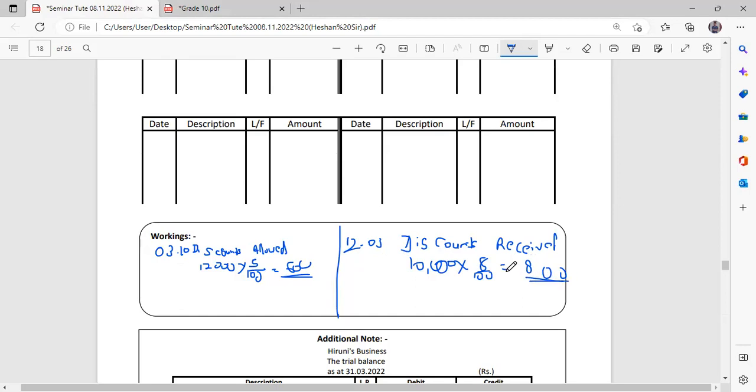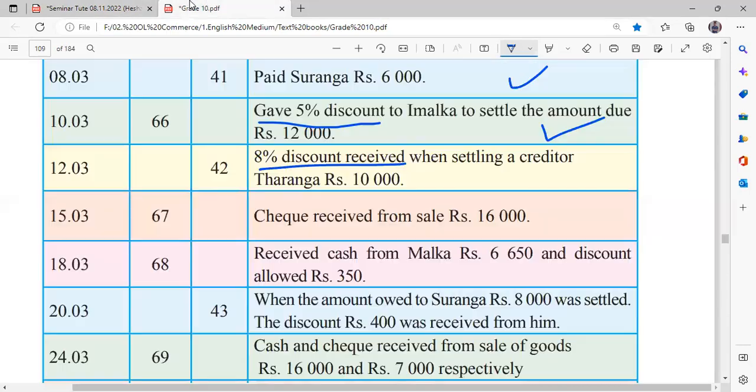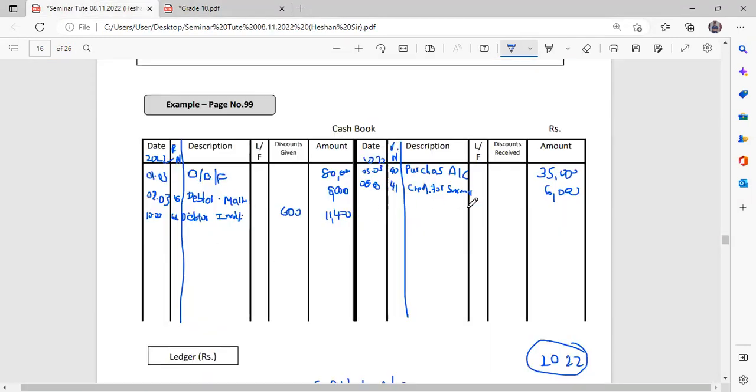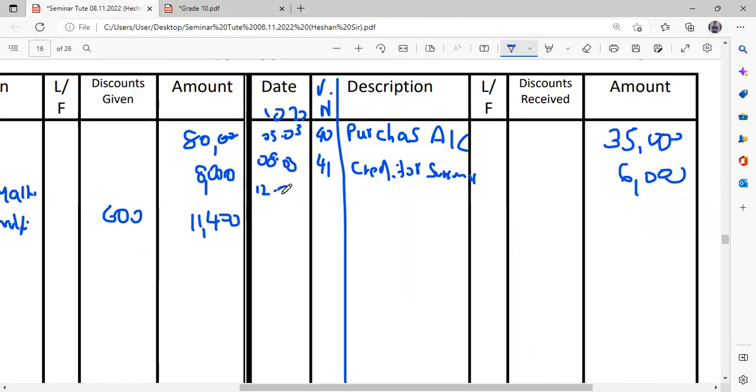We paid after deducting this 800, which means we paid only 9,200, because we received 800 worth of cash discount. On the credit side, March 12th, 42, creditor Taranga, discount received 800, we paid only 9,200.